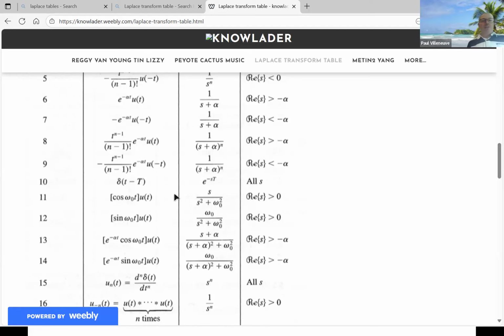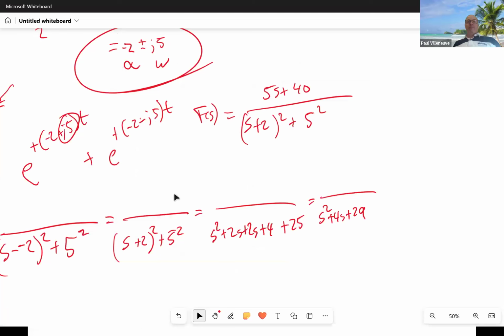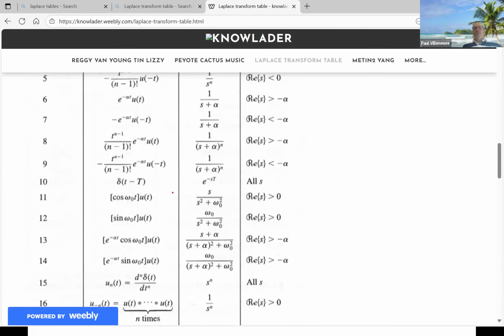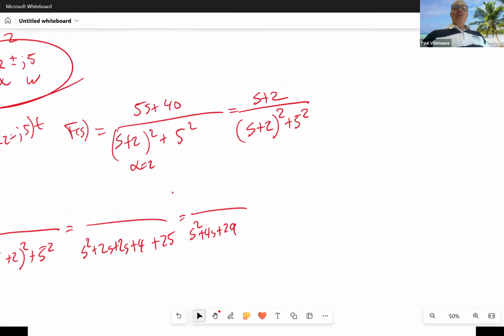And you'll notice item 13 has an s plus alpha in the numerator. So if I go back over here, I know that alpha is equal to 2. So what I'm going to do is say s plus 2 over s plus 2 squared plus 5 squared. Looks just like one of these items in the table. But I also have some leftover stuff here too, right?